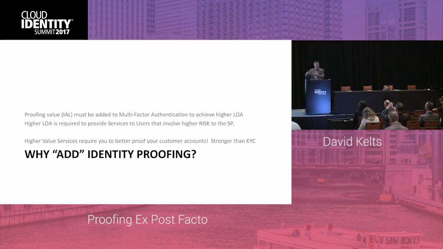I want to talk about why you would want to add identity proofing or add identity assurance to accounts that you're already holding. Break down what proofing is and do some comparisons of proofing and the concepts there, and then see how you could reassemble them so that for accounts you're already holding, you can add some of the identity assurance values of proofing to those accounts so that you more accurately target who your users are.